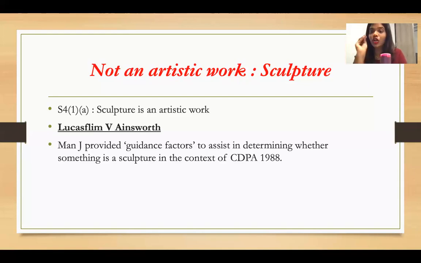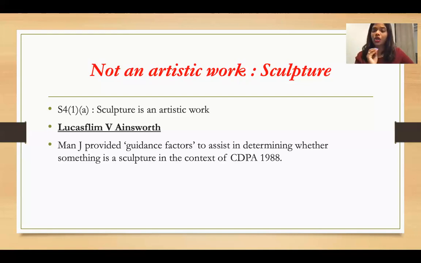Copyright protection will only be given to a sculpture if you can prove that it has a design and it has a function. If the Stormtrooper helmet actually had a function, for example if it could be used for riding a bike to protect your head from accidents, possibly the courts would take it into account as a sculpture.